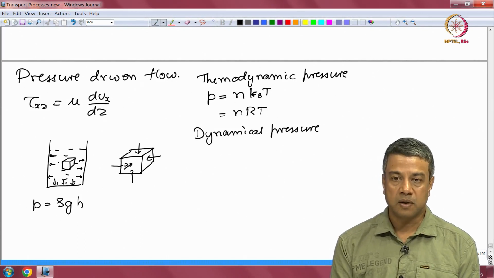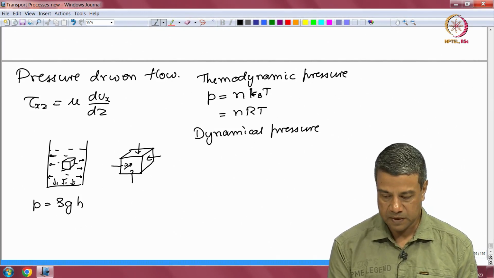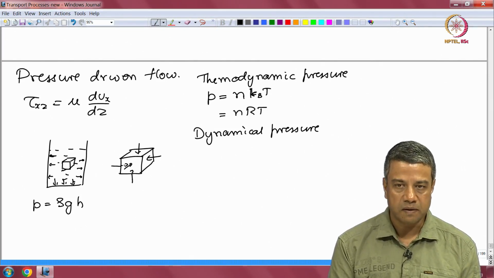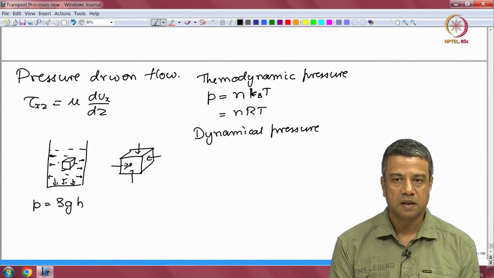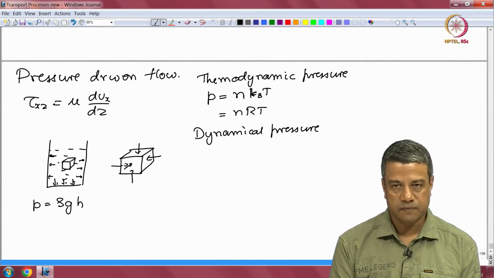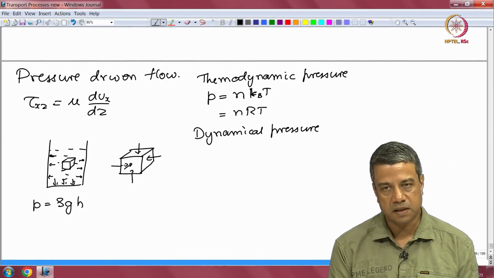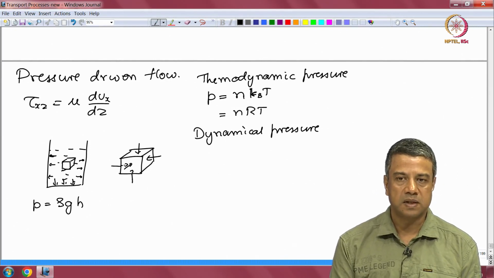Variations in pressure about that, positive or negative, can cause fluid flow. So, this pressure that we encounter relative to the atmospheric pressure can be both positive or negative. For example, in the atmosphere, you will have some regions which are lower than atmospheric pressure and some regions that are higher than atmospheric pressure, and this difference in pressure is what will generate flow.